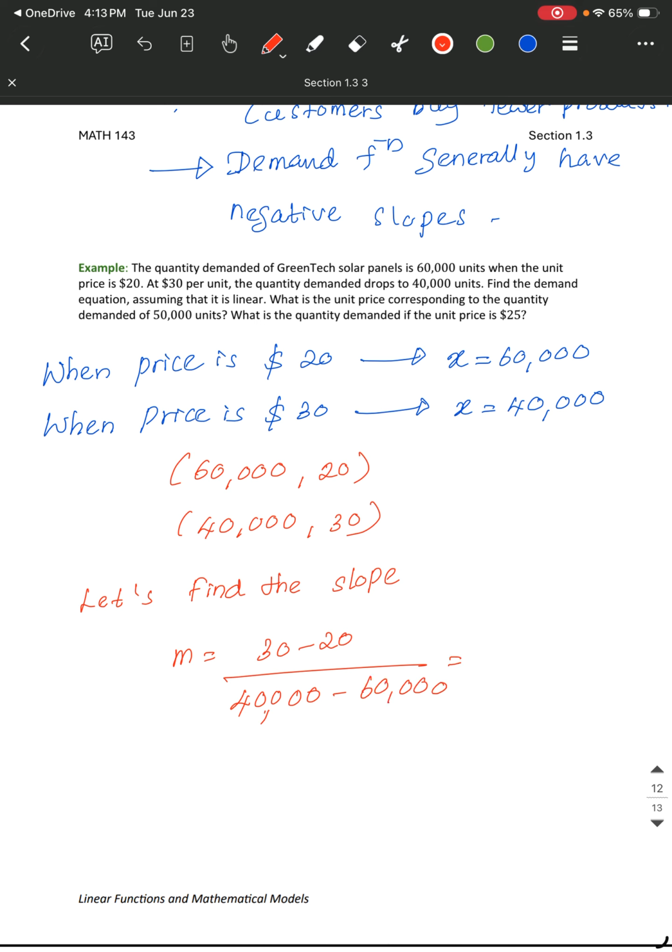What about the slope value? 10 over negative 20,000, which is negative 0.005. So the negative slope confirms that demand decreases as price increases.